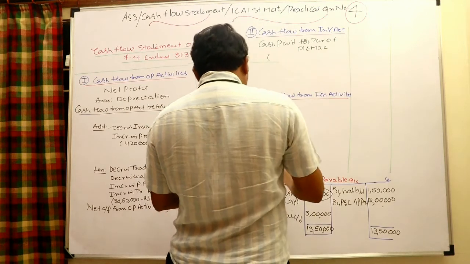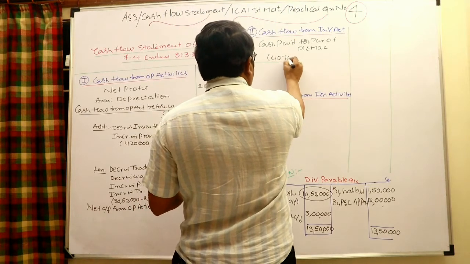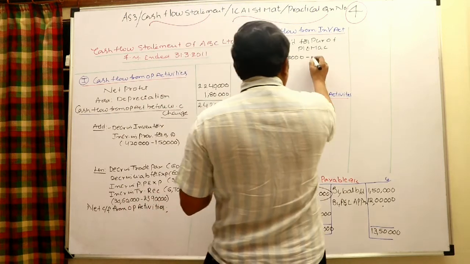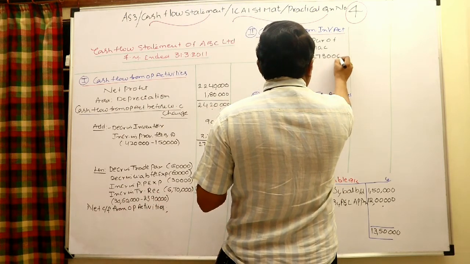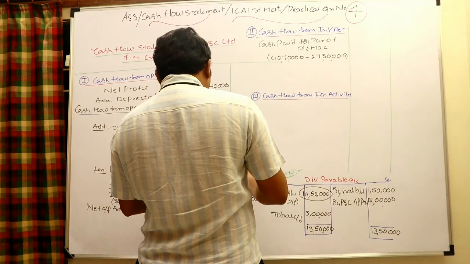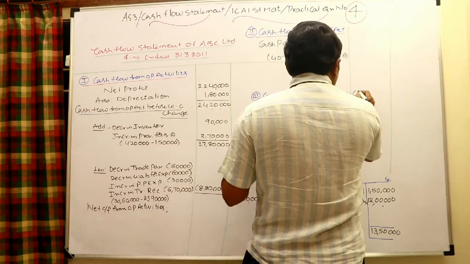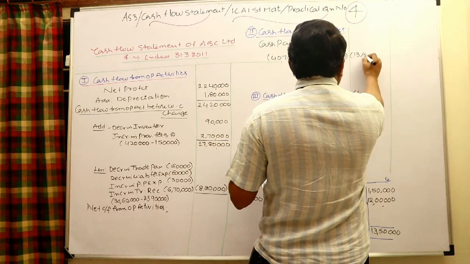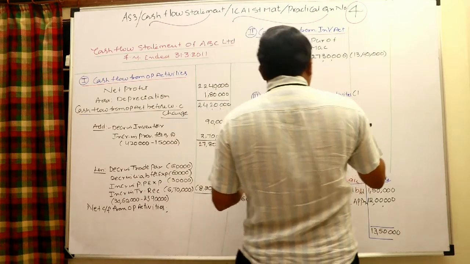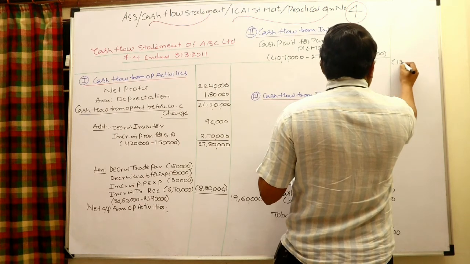Write within brackets 40,70,000 closing minus opening 27,30,000. The difference is cash paid for purchase of plant and machinery, 13,40,000. There is no other item except this. So write in the outer column 13,40,000.